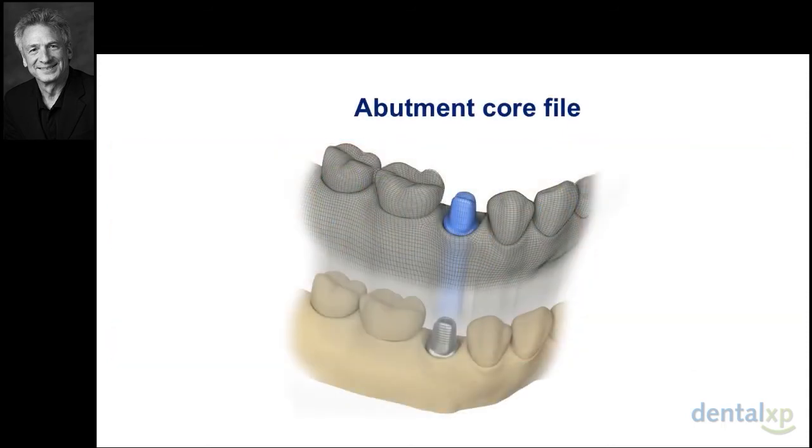So next, now we're expanding ourselves in this value chain. Next is something called a core file. So at the time that the abutment is being manufactured, as soon as the design is completed, something called a core file is completed. This core file goes to the laboratory, and it is basically the core of your restoration.